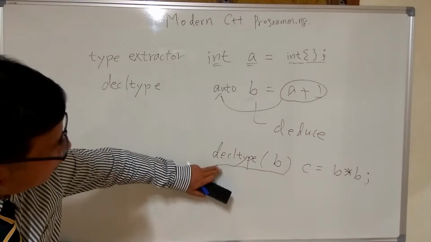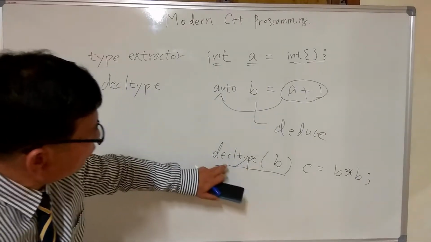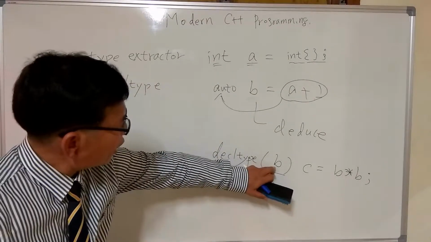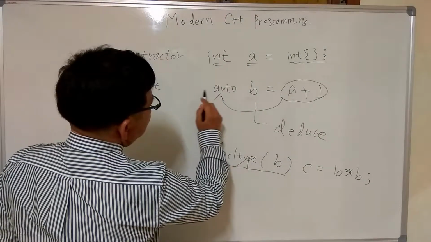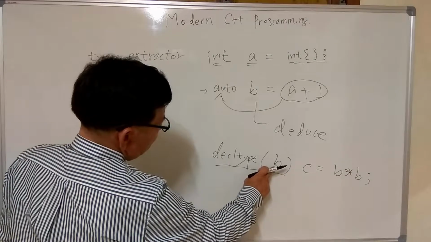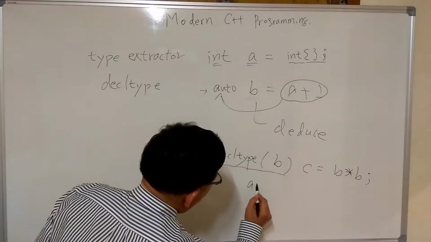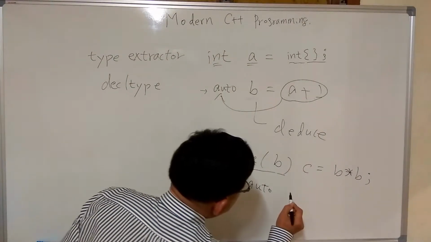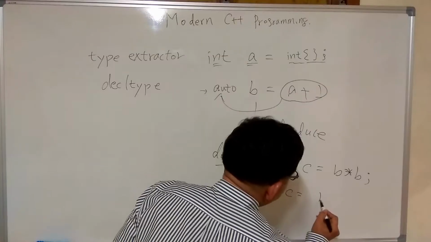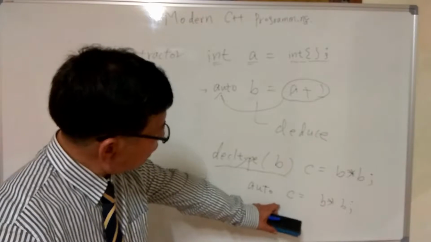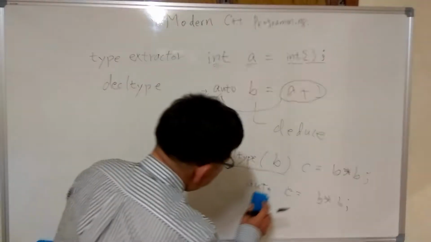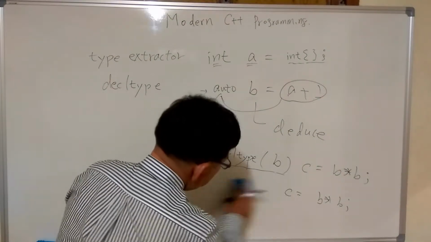This effectively means the type of b. In this case, this is auto c, b times b. It effectively means this. Also, it can be int.